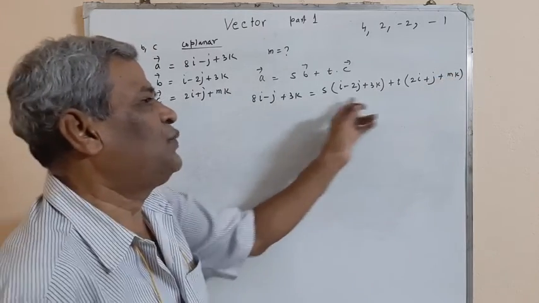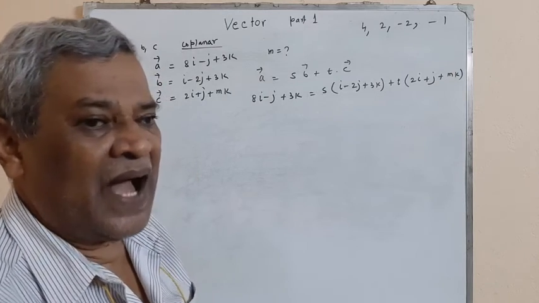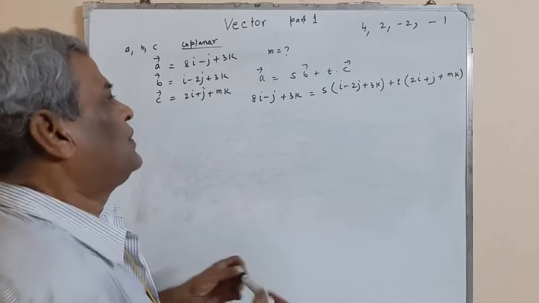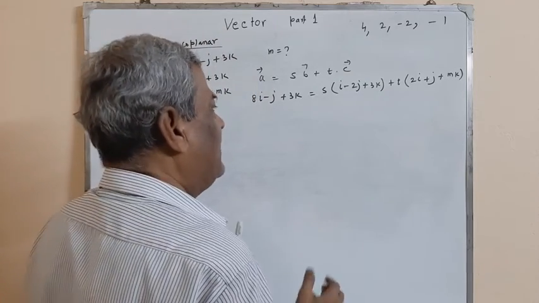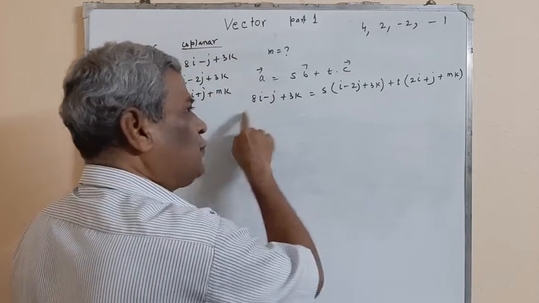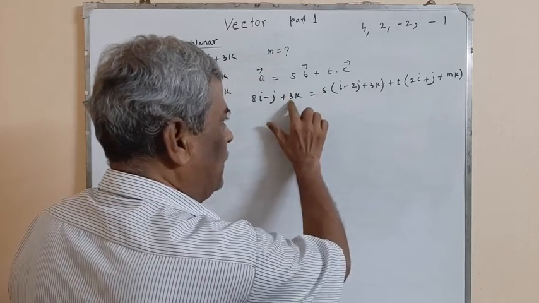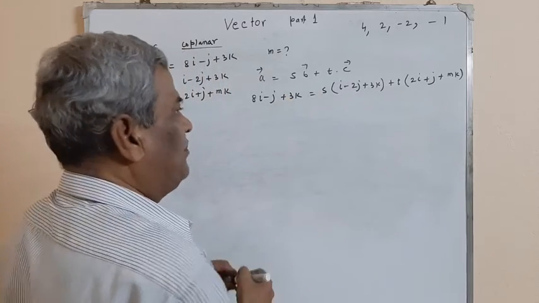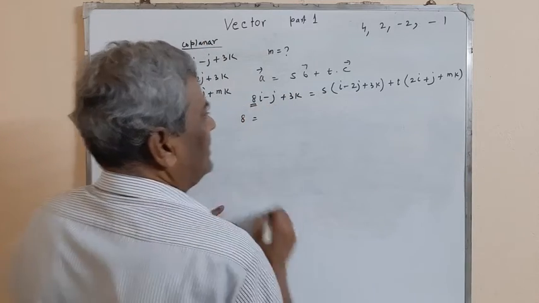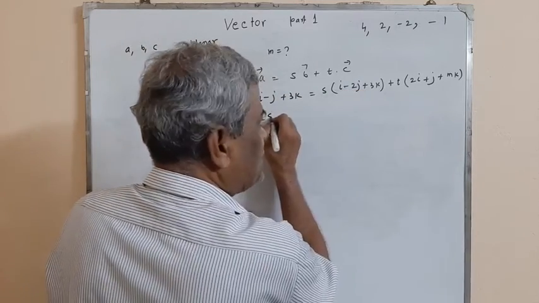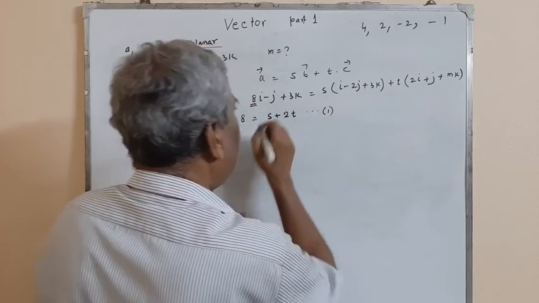So we get this is equal to that. In that equation, t and s are unknown constants. If this is true, then the i component, j component, and k component from both sides must be the same. That is, we must have 8 equal to s plus 2t, number 1.